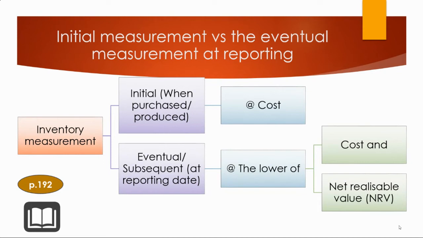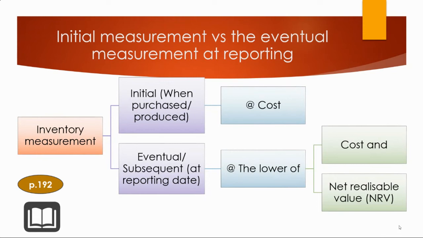We look at the lower of the cost, so what did we actually pay, versus the net realizable value. Now the net realizable value is basically your market value. It is the selling price less any cost that I need to incur in order to sell that product to a third party. Okay? And that is what your net realizable value is.